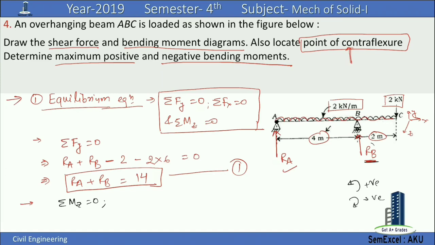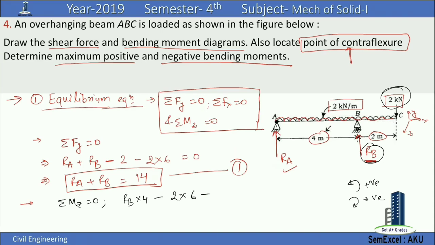So RB, this force into distance 4 meter, is positive. We can write RB into 4. RA into its distance from point A is 0, so this will be 0, minus this point load 2 into the distance from C to A, which is 6.